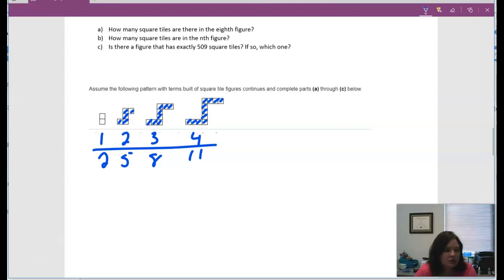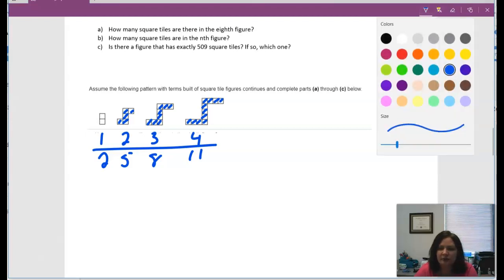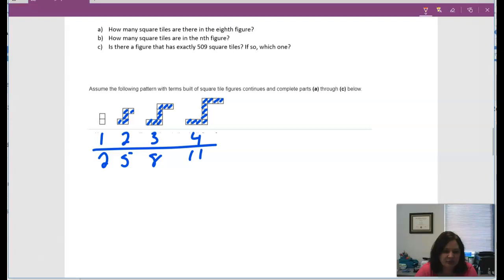Okay? So as we do this, check the arithmetic sequence first. So here I added 3. Here I added 3. Here I added 3. So this is going to be an arithmetic sequence because we're adding the same number each time.